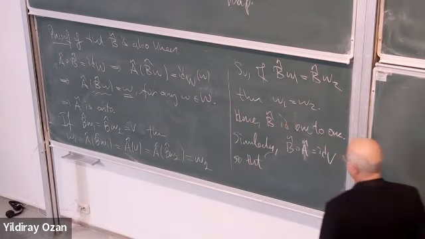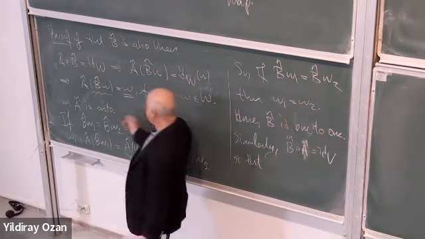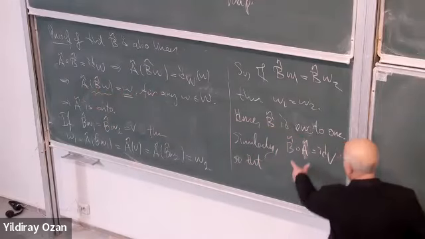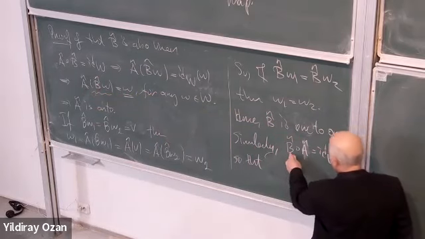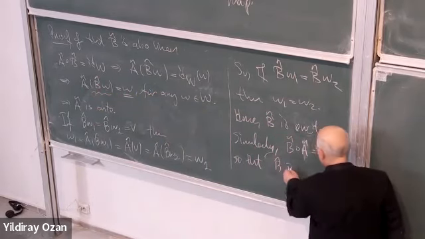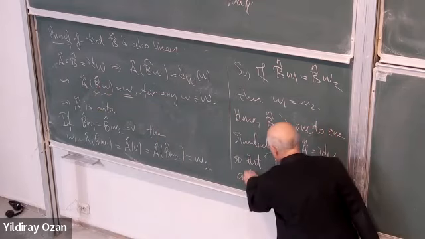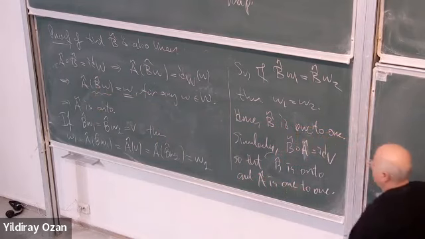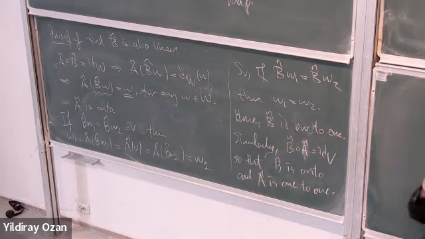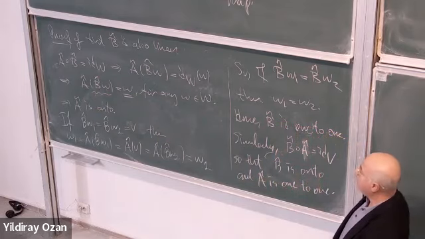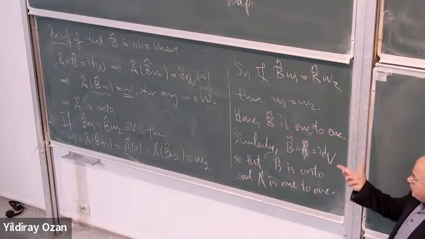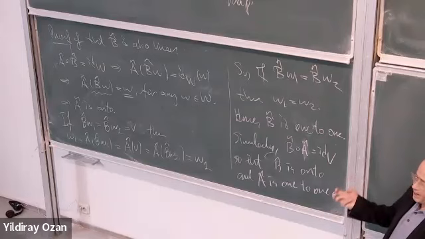If this is identity, this one is onto, this one is injective. So B hat is onto and A hat is 1 to 1. So as a result, we see what? We have an isomorphism A hat with the inverse B hat. Then both A hat and B hat are 1 to 1 and onto, both of them.